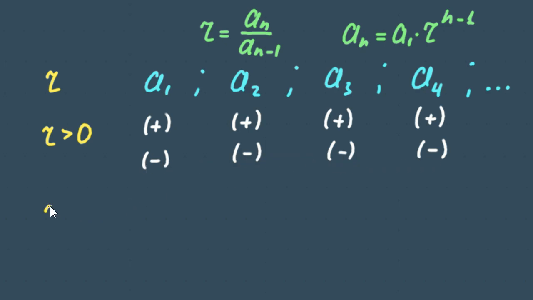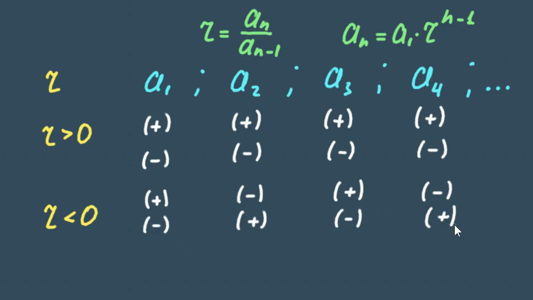If the number r is negative, then the terms of the geometric progression will alternate between positive and negative, or vice versa, negative and positive. Everything will also depend on the first term of the geometric progression. This is due to the fact that when multiplying two negative numbers, the result will be a positive number.